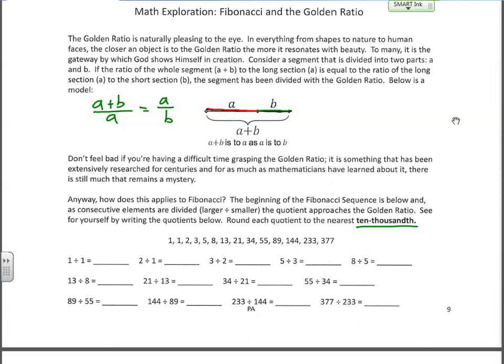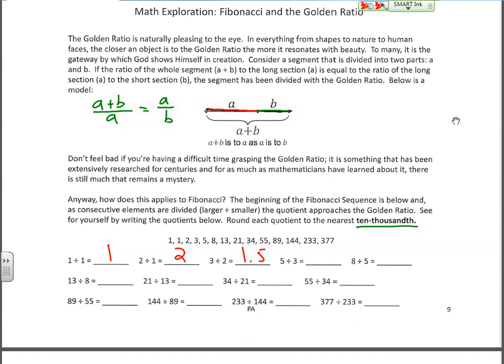So as we go through the Fibonacci sequence here, 1 divided by 1 is 1, 2 divided by 1 is 2, 3 divided by 2 is 1.5, 5 divided by 3. Here's the first time where you get to round to the nearest 10,000th. If you divide 5 by 3 in your calculator, you get 1.66 repeating, right?